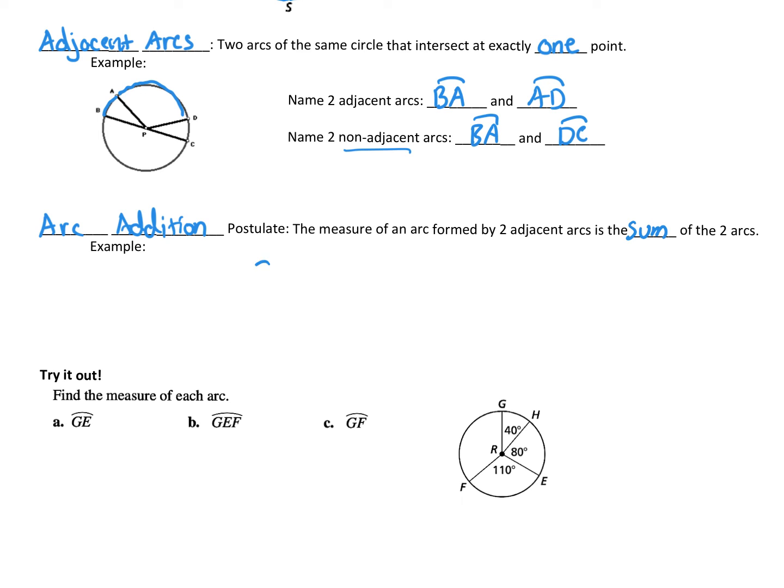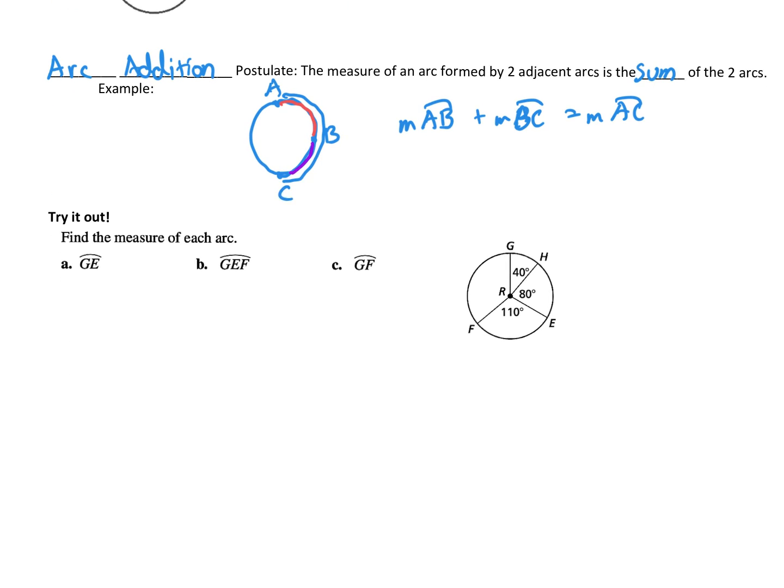So if I had a whole circle here, and this was A to B to C, we can say the measure of arc AB plus the measure of arc BC equals the measure of arc AC. So this small piece added with this small piece equals this whole longer piece right there. Okay, so let's try this out.